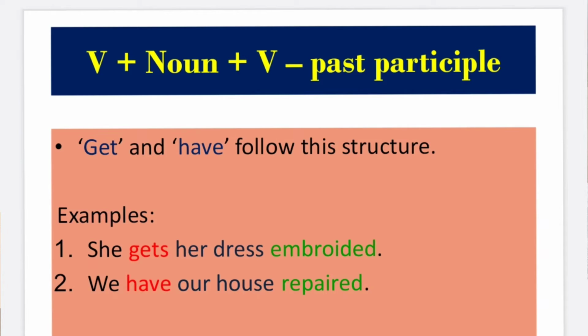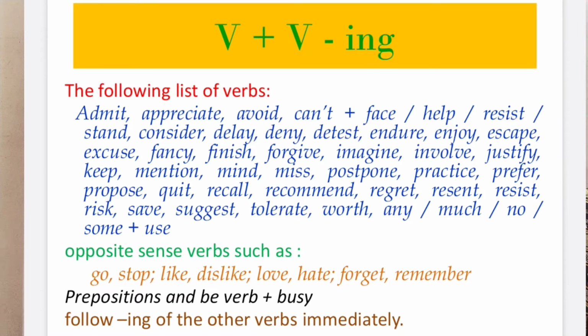Okay, let us go to the next slide. Verb plus verb-ing. Here you will see a list of verbs: admit, appreciate, avoid. Can't plus means can't face, can't help, can't resist, can't stand.